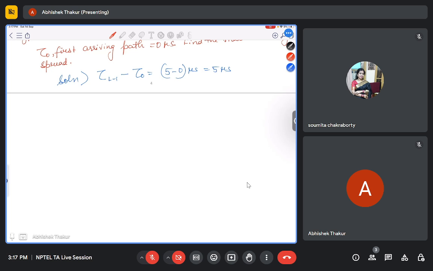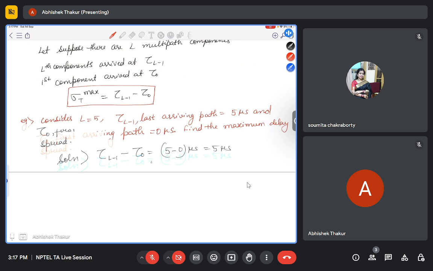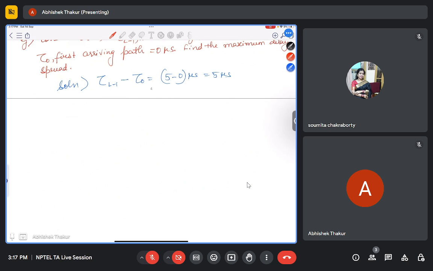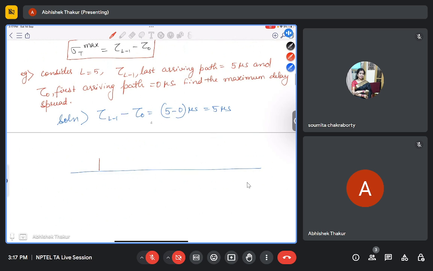But there is one problem with this when we are finding the maximum delay spread. Let's suppose there are L multipaths, and the first one arrived at tau naught, and at the end, let's suppose the paths which arrived at the end have very low power.